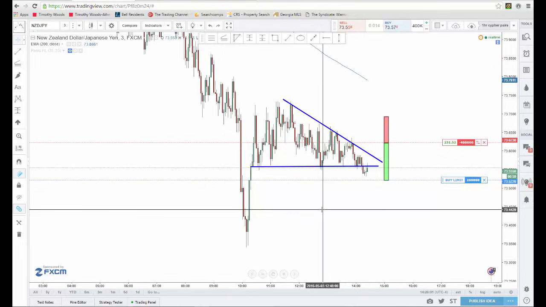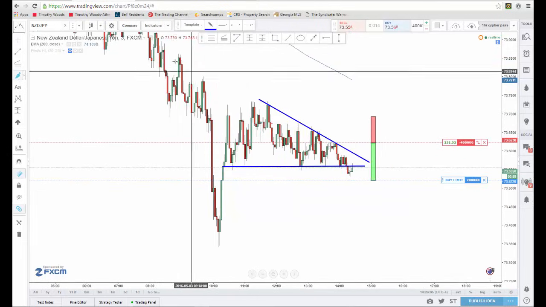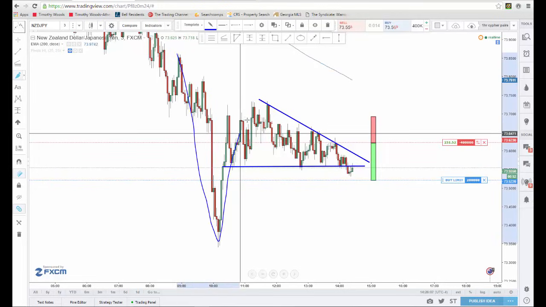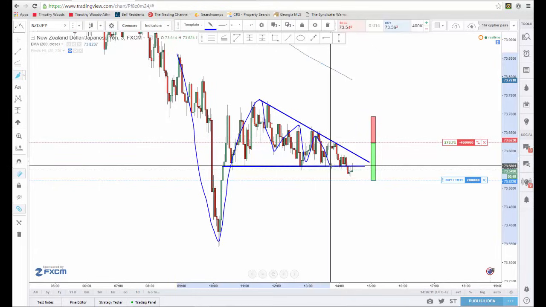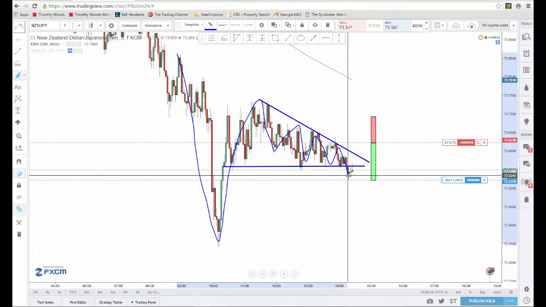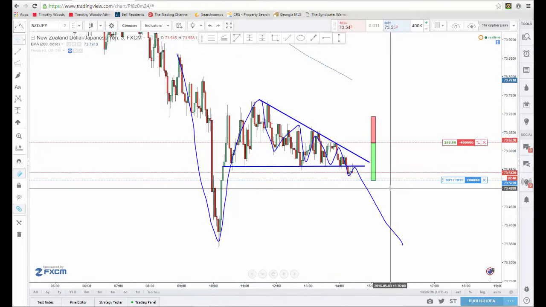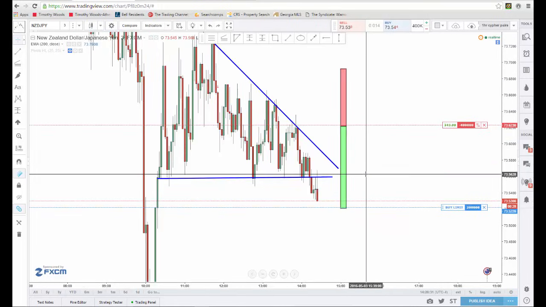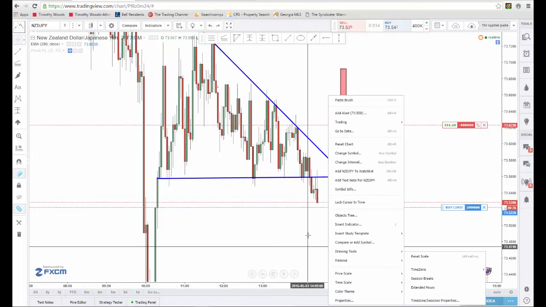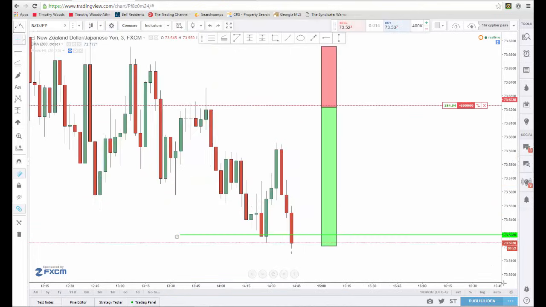So with this being the case, what we are expecting to happen here is, after this impulsive move down, this period of brief consolidation in way of a descending triangle, the break through this triangle, and hopefully a considerable move to the downside to continue the overall trend in the market, which is down. And now we seem to be getting a little closer to targets here. Hopefully we will be filled as we come a little lower.